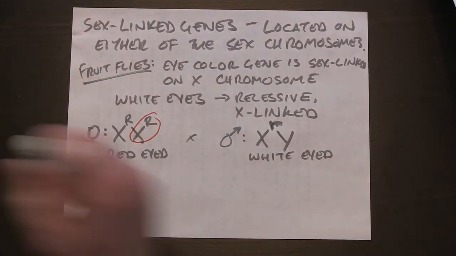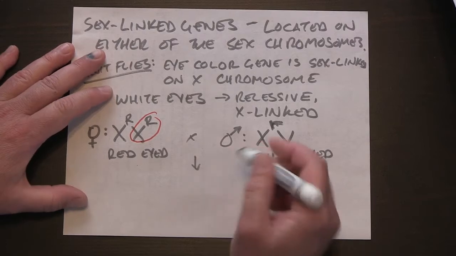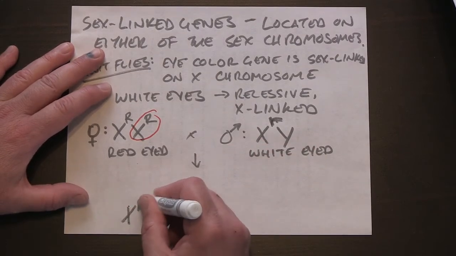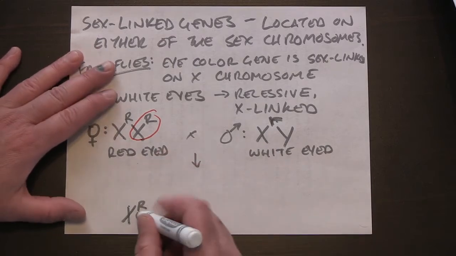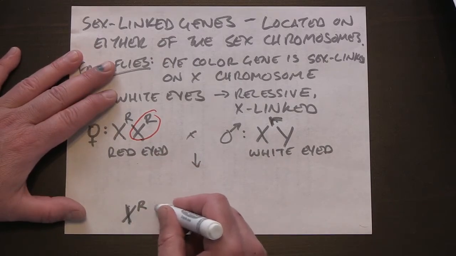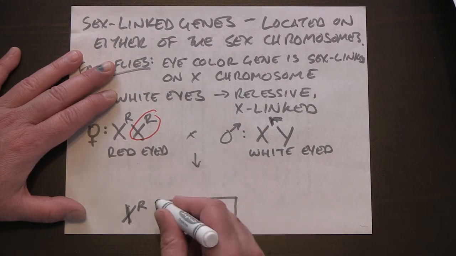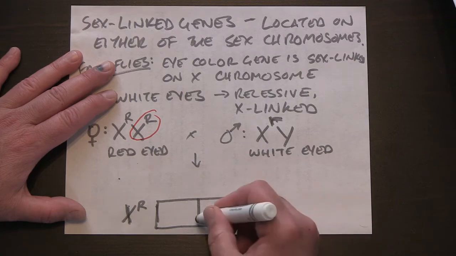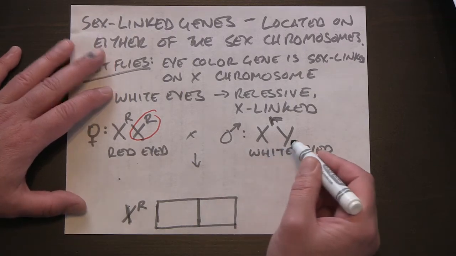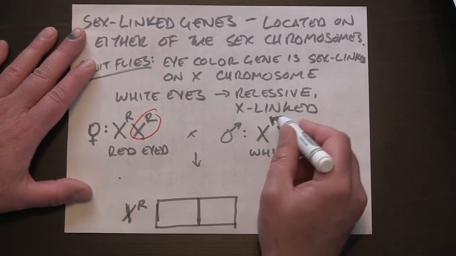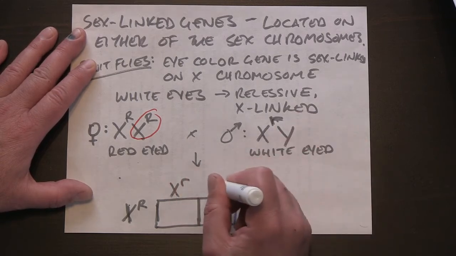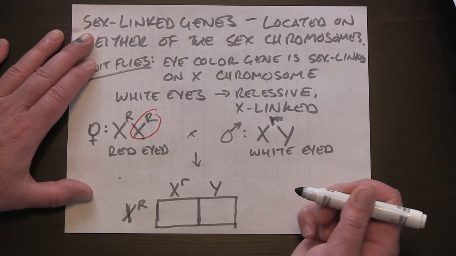So the eggs that this female makes are all going to be X big R, right? So if we do a Punnett square between the mating of these two, we don't have to do a 4x4 square, because we'd just be redundant. The sperm that this male fly makes are either going to be X big R or Y, right?